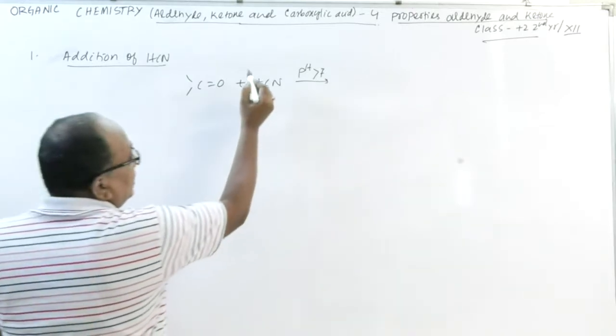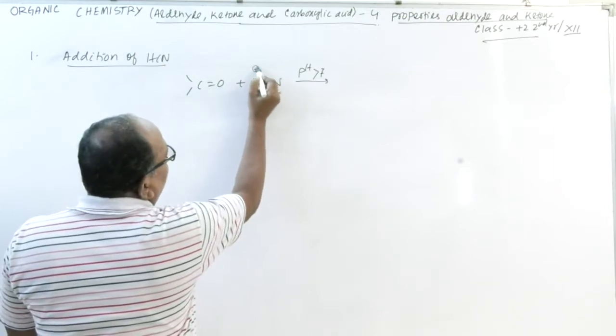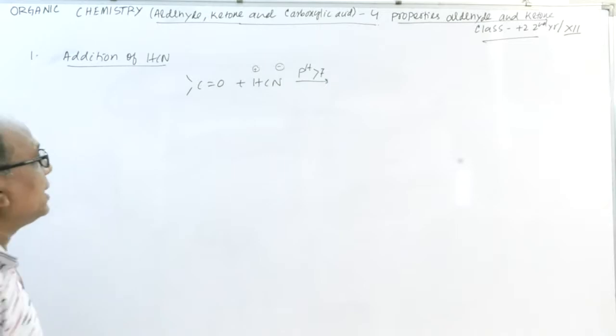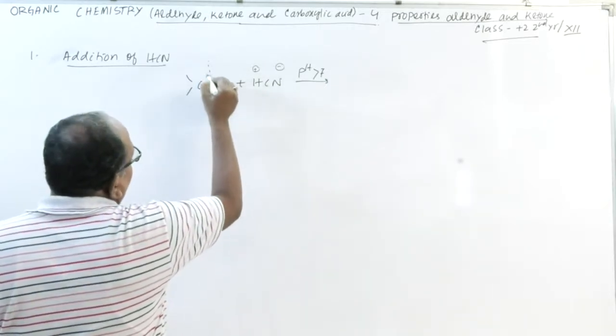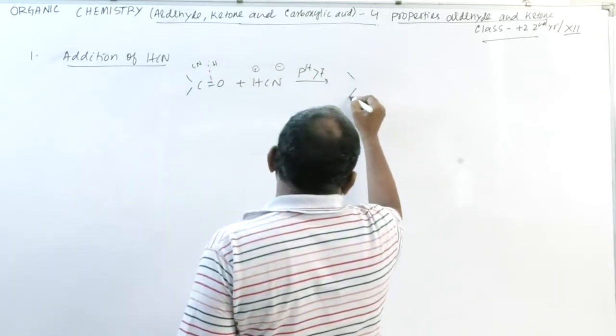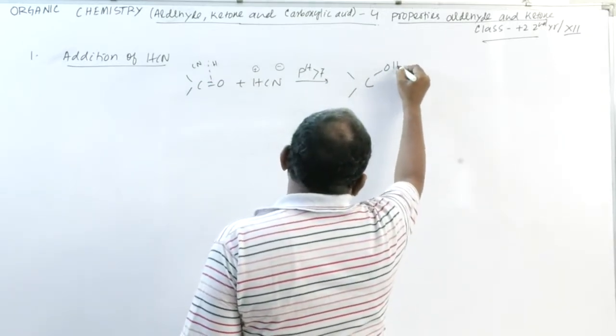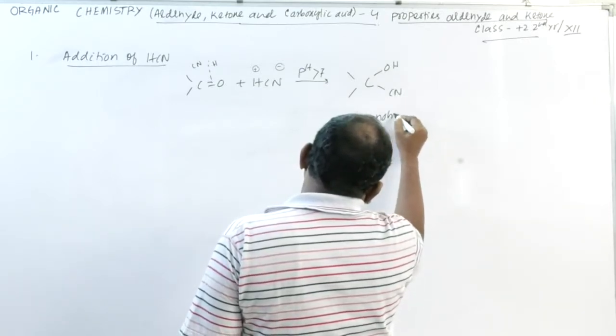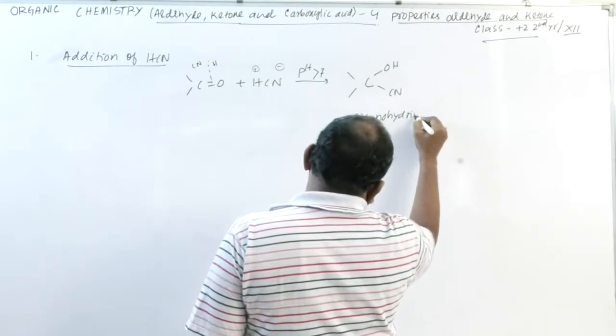In HCN, this is the positive part, this part is the negative part. During the addition reaction, this bond breaks here. This side is CN, this side is H, to form C(OH)CN. This is called cyanohydrin.